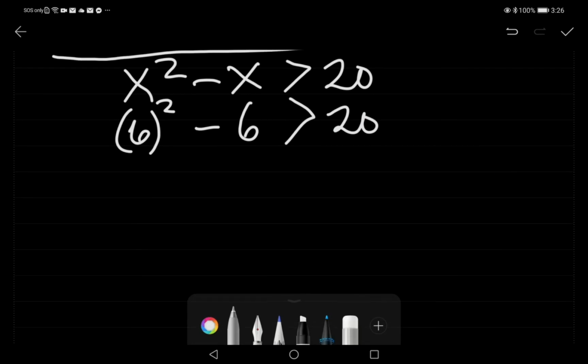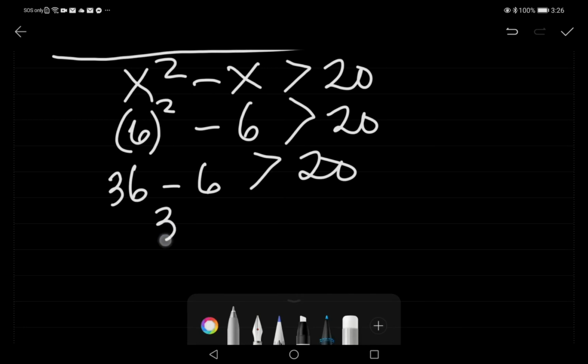So 6 squared is the same as 6 times 6. So that is 36 minus 6 is greater than 20. So 36 minus 6 is 30, greater than 20.